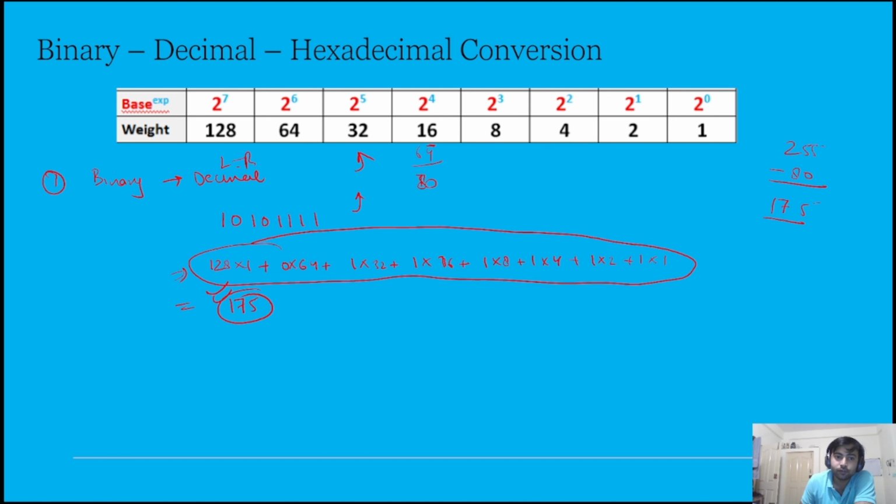And you can also understand the first bit is 128, 64, so like that you can also do it in your mind. 1 into 128, 64 is 0, 32, 32 plus 128 is 160, 160 plus 8 is 168, 172, 174, 175. So like this, you do binary to decimal.